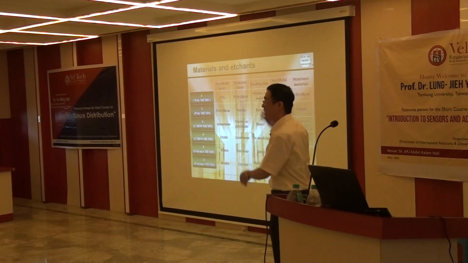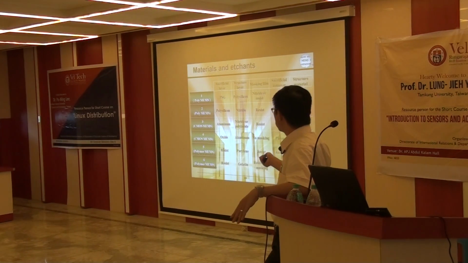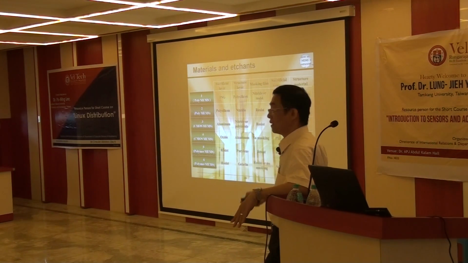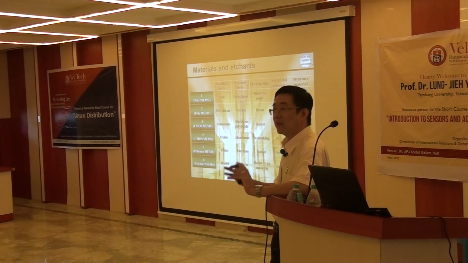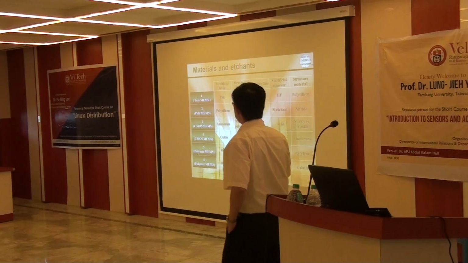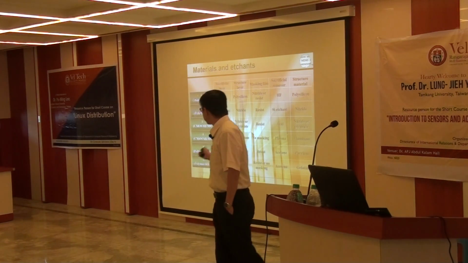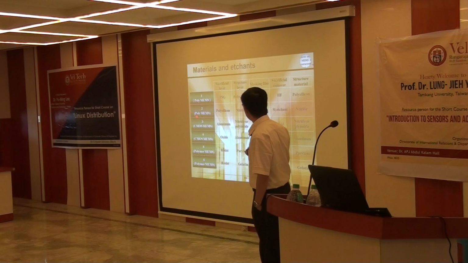There are many methodologies. So I show six kinds of material and process for surface micromachining. Before 2000, many people only knew the first two. We call them polymers.